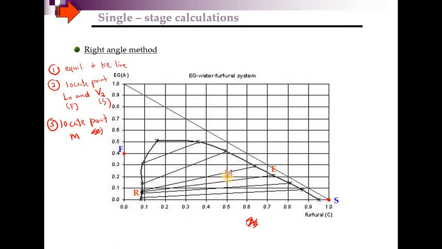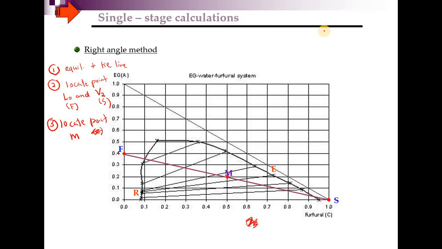Actually, point M will lie on the FS line. You join F and S, the feed and solvent line, and M will lie on this line. So if you don't have the coordinate, you can put M on this line.